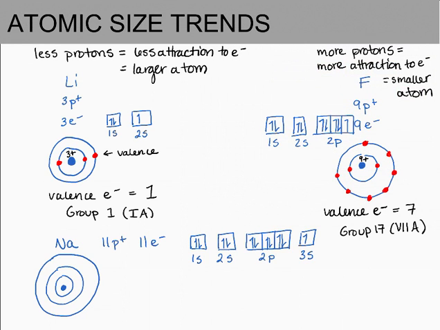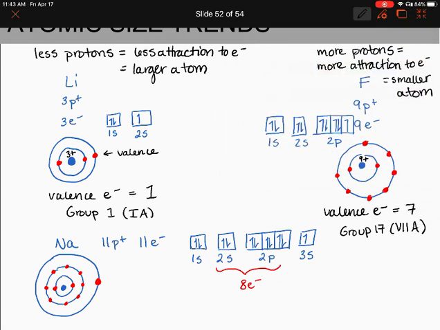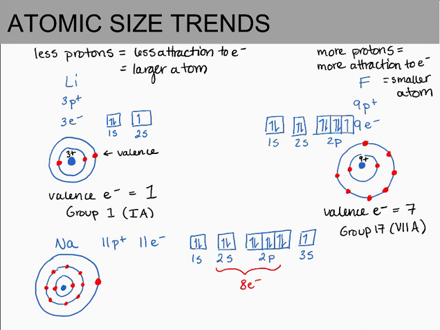And let's draw those electrons. So we have 2 in the first energy level, and then we have 8 in the second energy level. So 6 plus 2, 1, 2, 3, 4, 5, 6, 7, 8. And then we have 1 electron in that outer energy level. So that means that we have 1 valence electron for sodium.